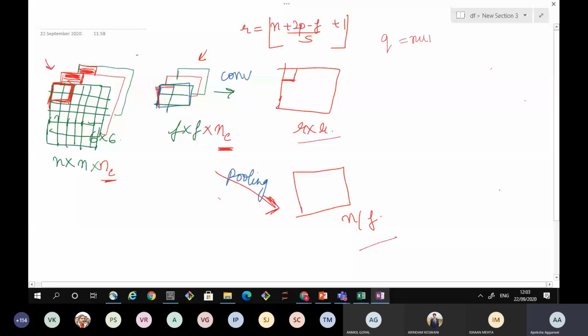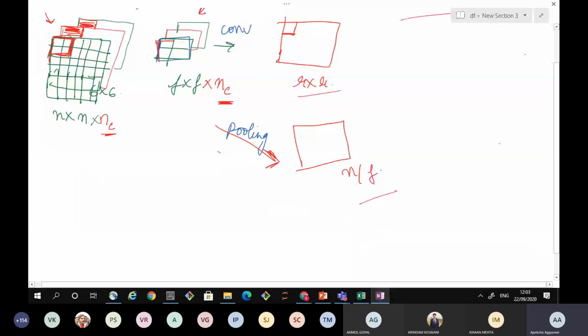So this whole process would be repeated for another filter, and the size of that filter would again be f cross f cross nc. So now I have one filter, I have a second filter.